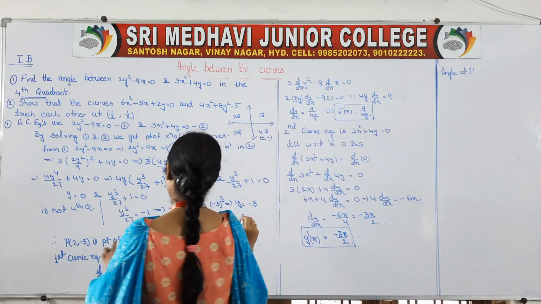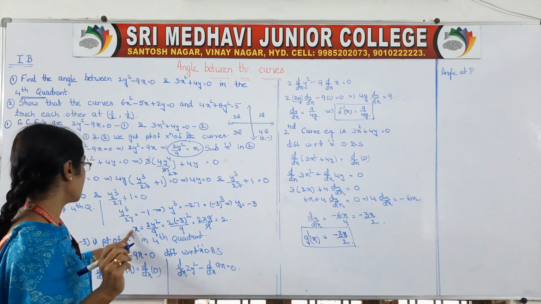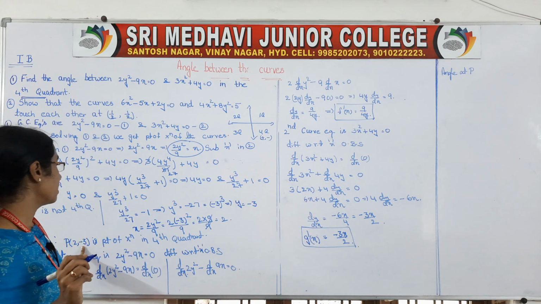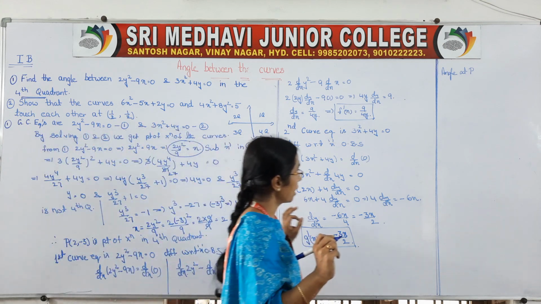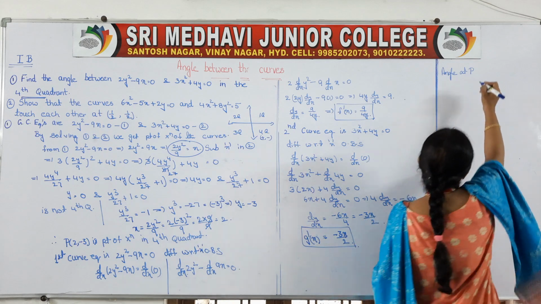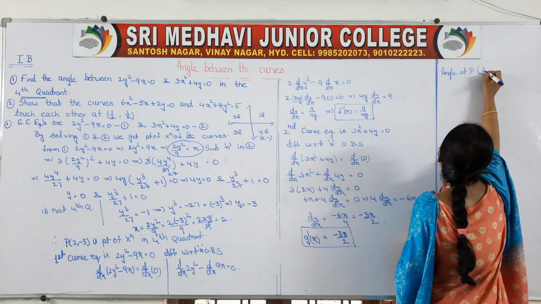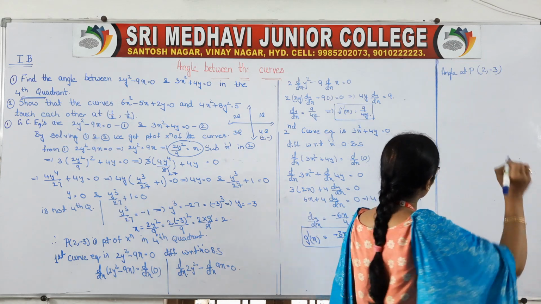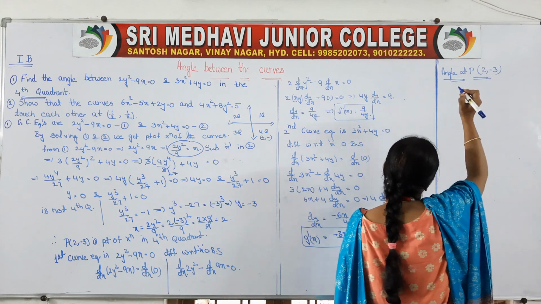If you solve this, we got x is equal to 2 and y is equal to minus 3. P 2 comma minus 3 is the point of intersection. So we have to find the angle at P, that is 2 comma minus 3.